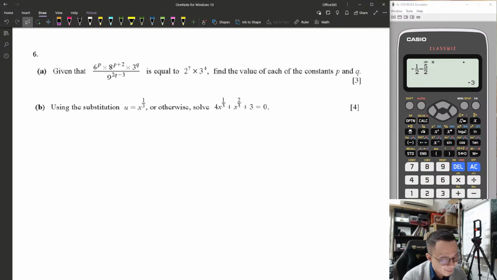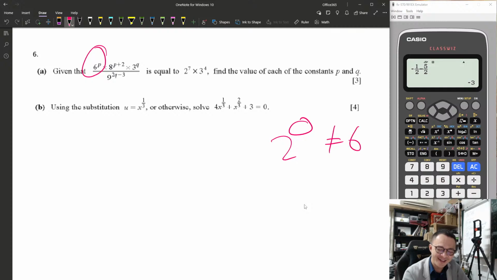Yes, let's continue. Number 6. This indices question is not really hard, but 6 is not really a friendly number here. Why? Because 2 power of anything, you can't get 6. 3 power of any, well, definitely with a decimal power you can get 6, okay?